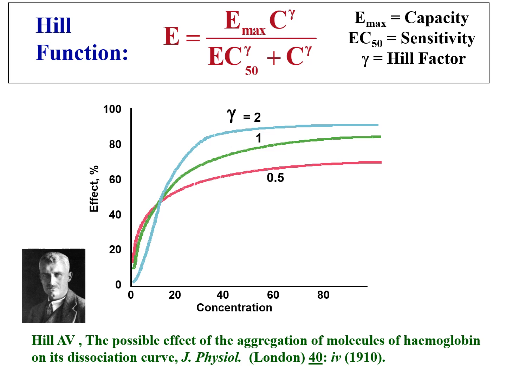And you see at the top, the Hill function has an Emax and EC50 value, a capacity and sensitivity factor, in the same position as Bmax and Kd. But there's also a power coefficient, gamma. The gamma term is added to the concentration term.